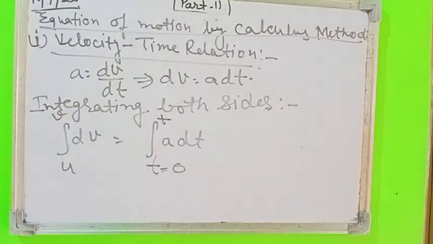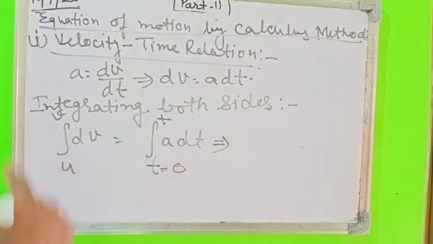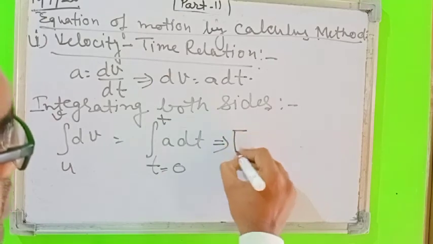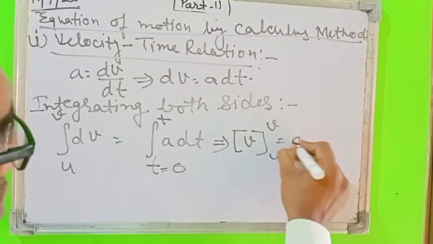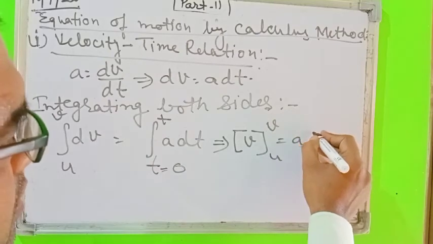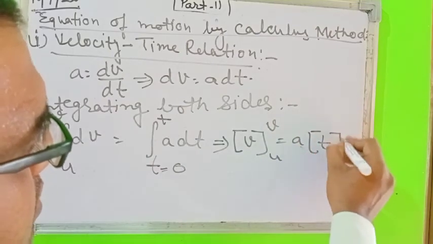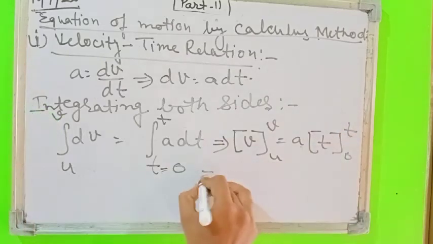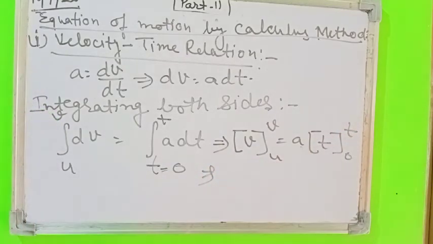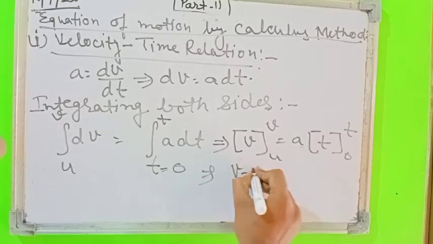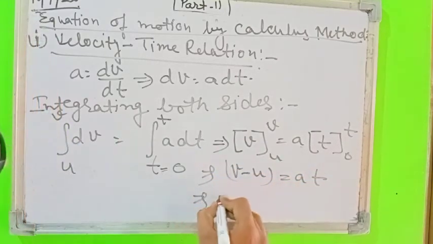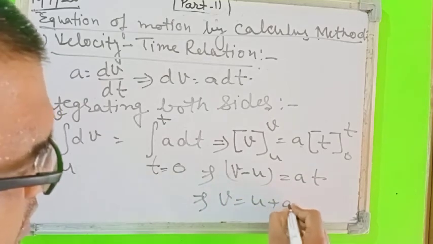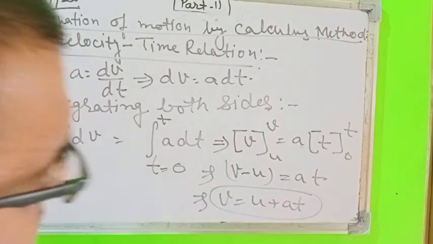So you can write here integration of dv is v, from u to v, and a is constant, t from 0 to t, and you can write it as upper limit minus lower limit, that is v minus u is equal to a into t, or you can write v is equal to u plus at.